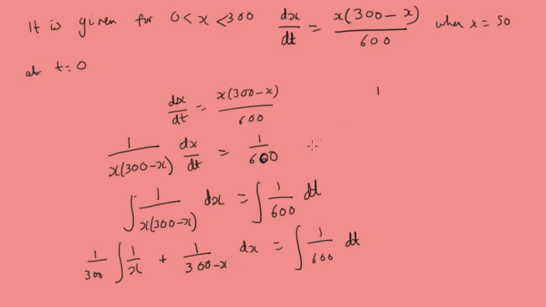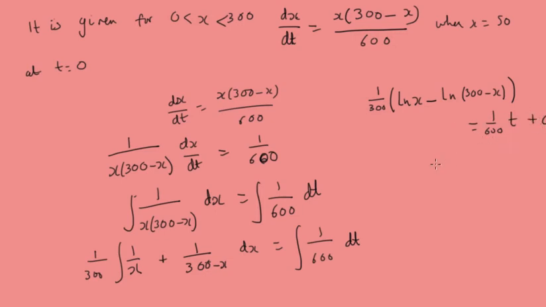So now I'm going to carry on up here. 1 over 300, log of x minus the log of 300 minus x, and that equals 1 over 600 t plus c.